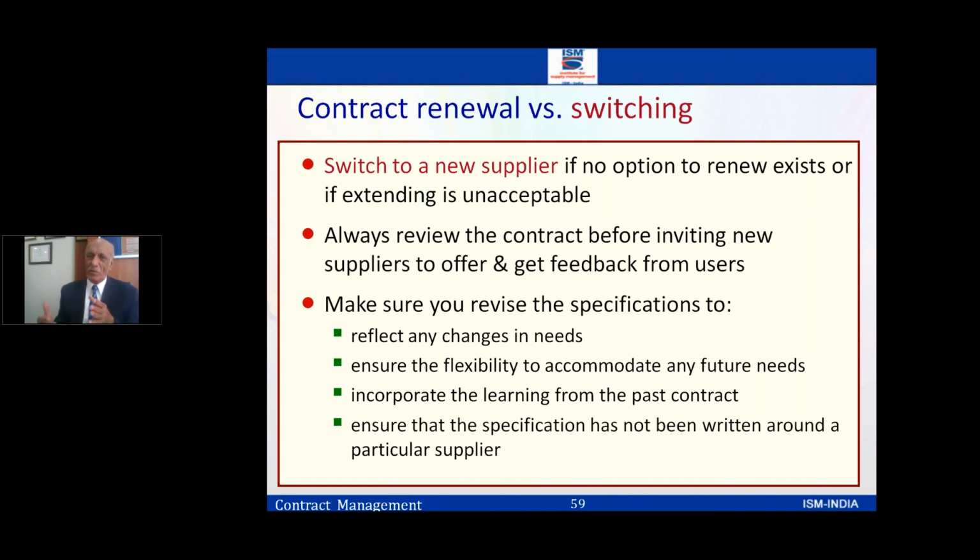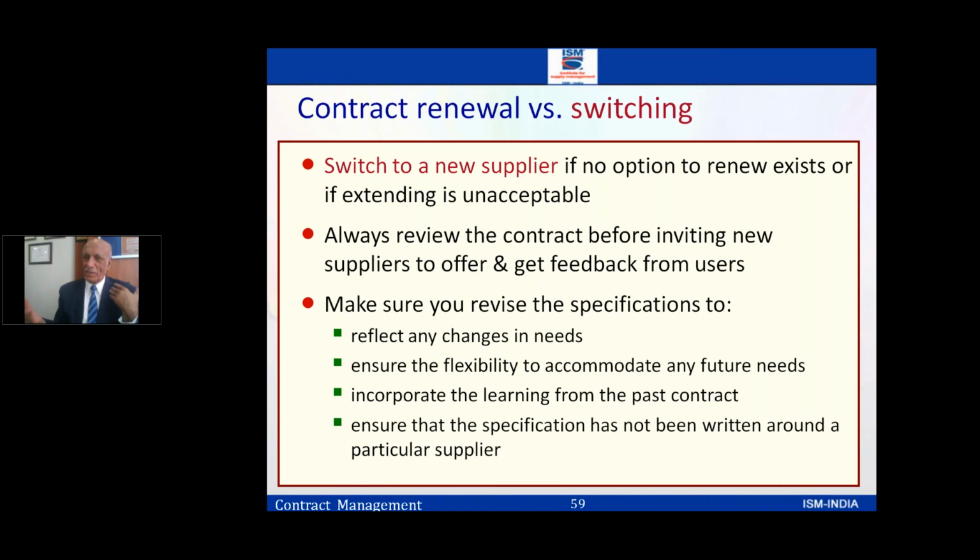So whatever changes you want to do, change it, and ensure the flexibility to accommodate any future needs. Obviously, we all need some flexibilities around, but that should be incorporated in the contract. Guys, I'm giving you a contract, but my quantity can change by plus 25% or minus 25% because the demand is changing every week.